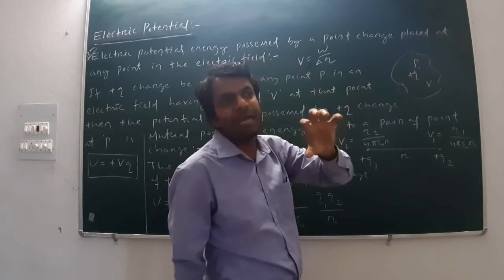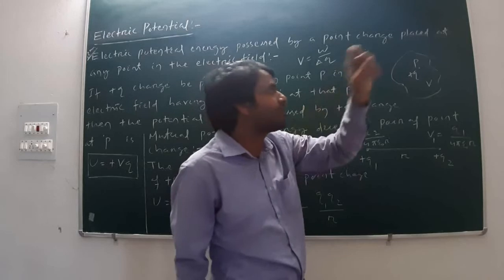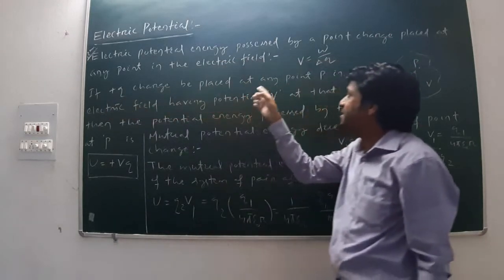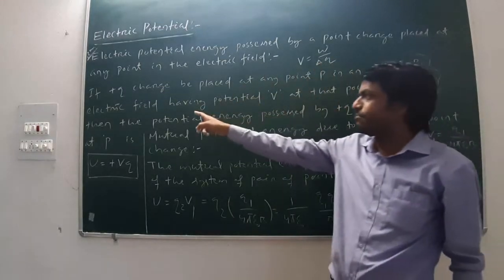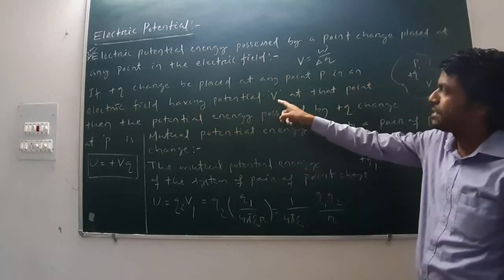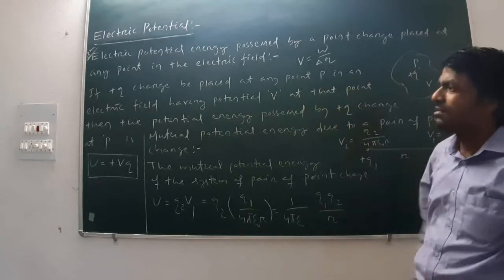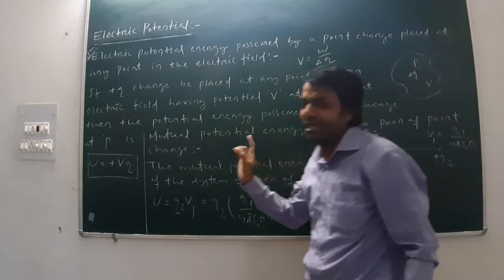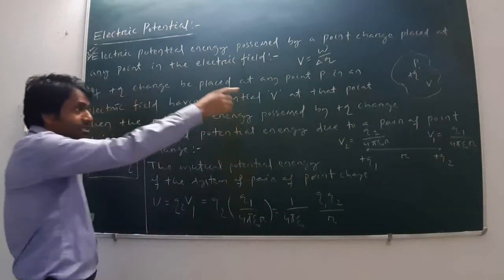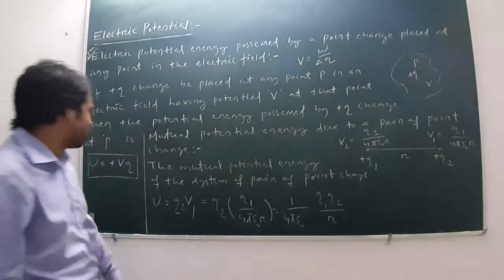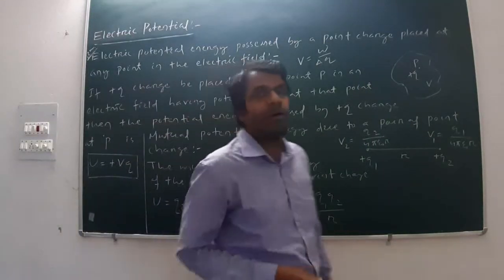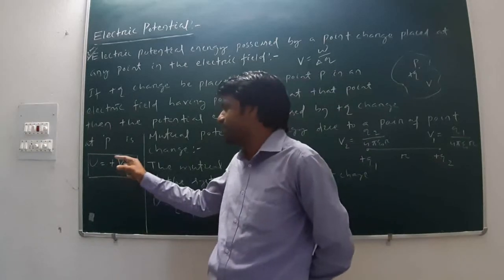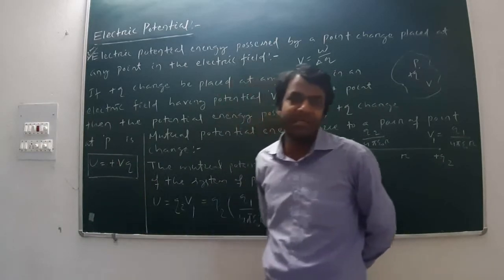So now we have to calculate the electric potential energy due to the point charge plus Q. If plus Q charge is placed at any point P in an electric field having potential capital V at that point, then the potential energy possessed by plus Q charge at P is, according to the definition, U equal to plus VQ or plus QV. Any one you can write, plus VQ. Q is the point charge, V is the potential.